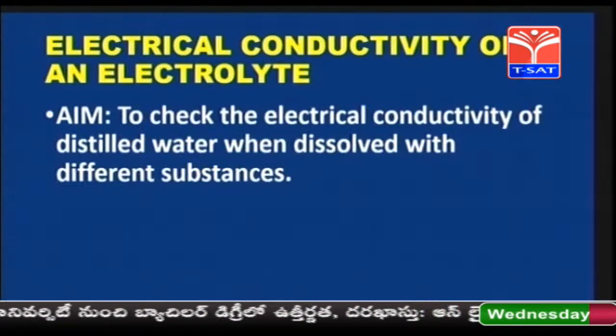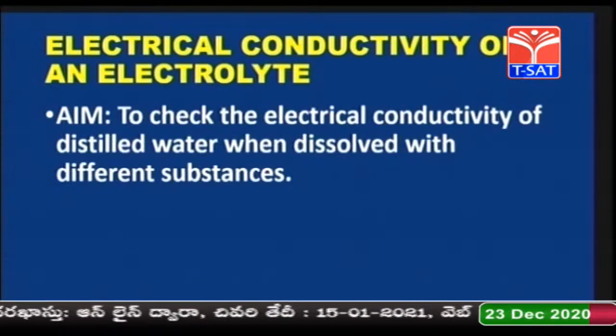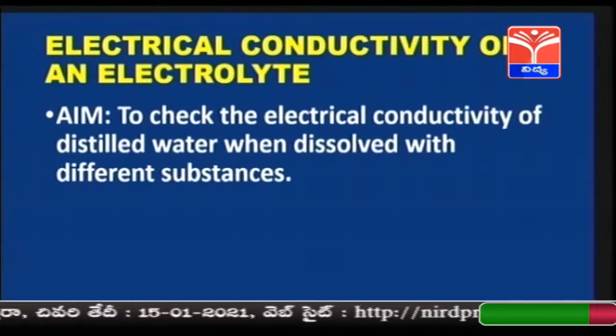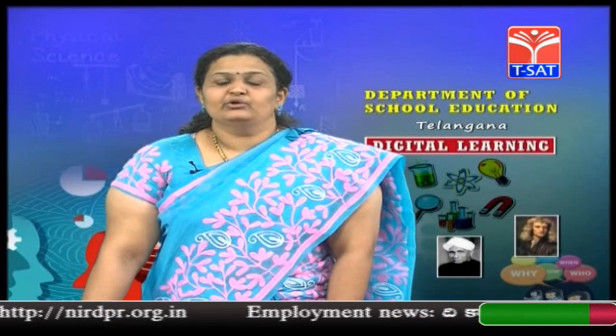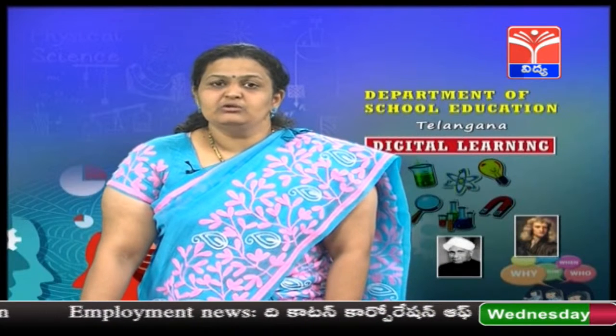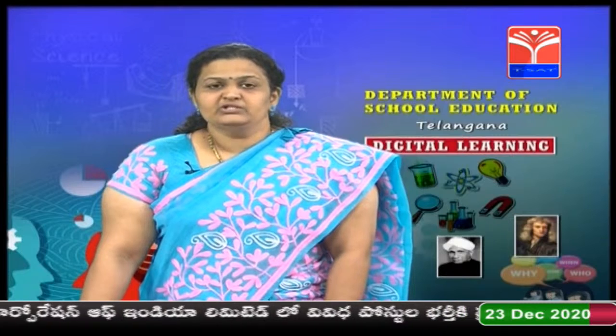So children, again we are going to see a demonstration. Here we are going to check the electrical conductivity of distilled water when dissolved with different substances. Here, children, an electrolyte is an aqueous solution of water with some other substance like salts. Okay children?